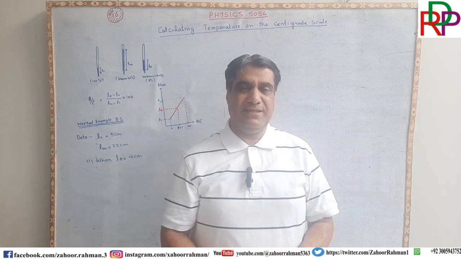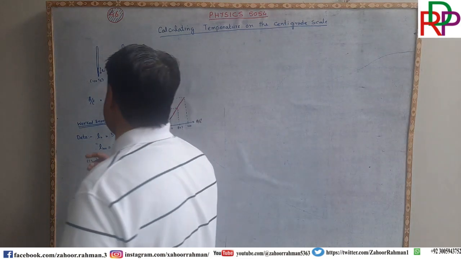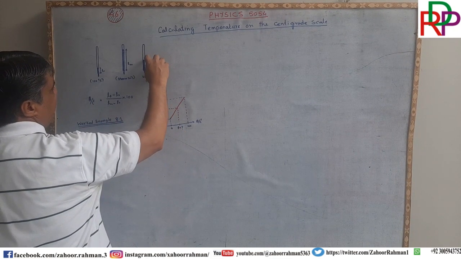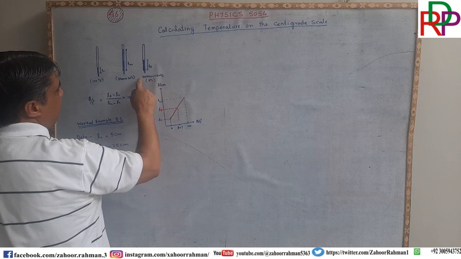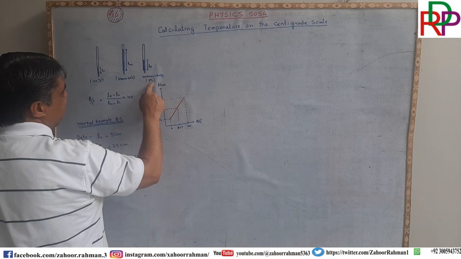Theta will be written as a subscript. So you can see that this is the temperature of the unknown body, and that is theta degree centigrade.